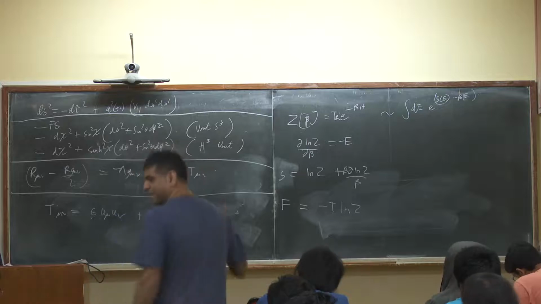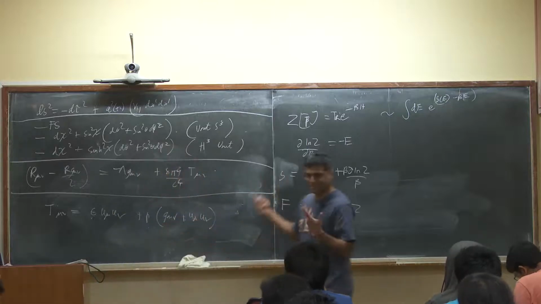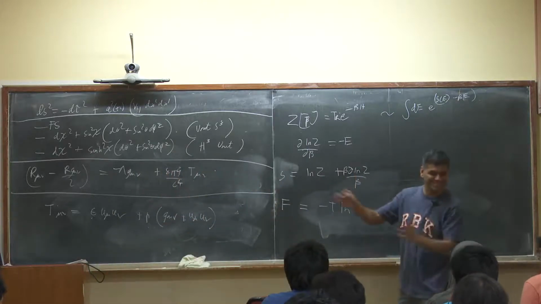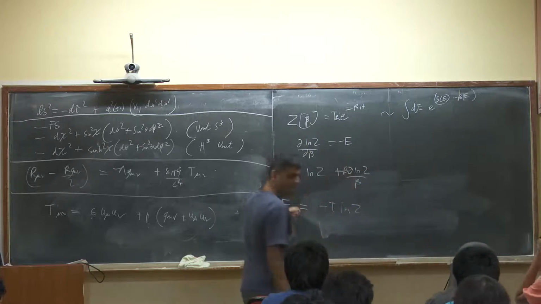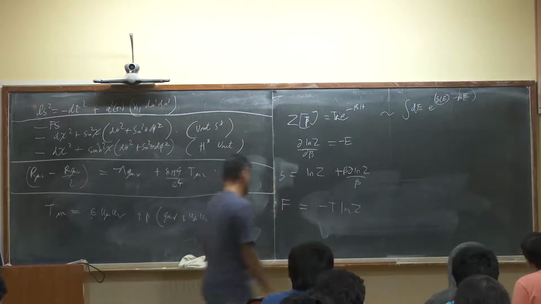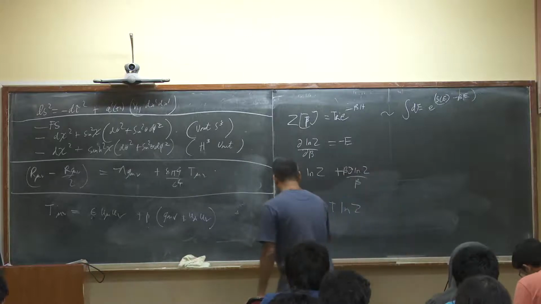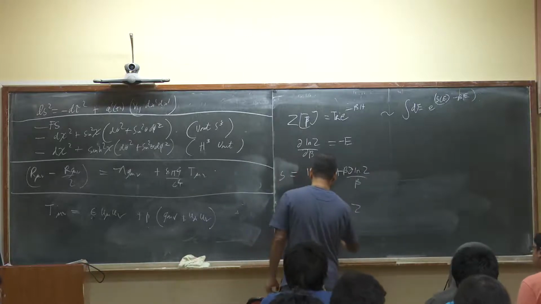This I'm not going to derive for you, but I'll ask you to check it yourself. You know this in some way. So this free energy is this, and P, which is minus the free energy, is T log Z.